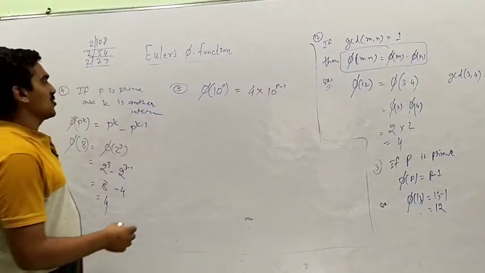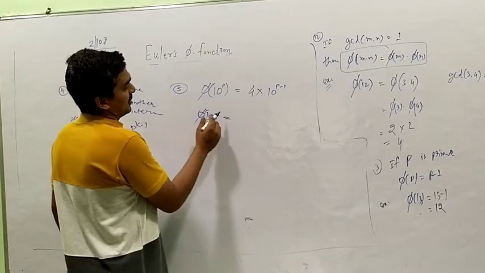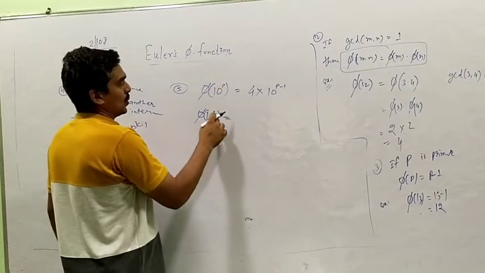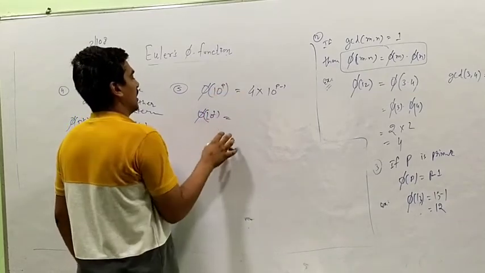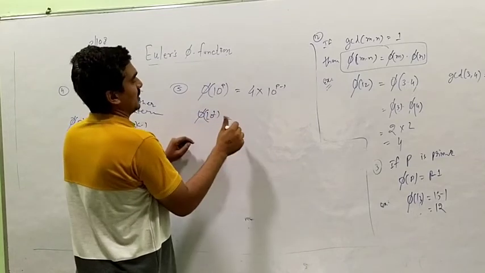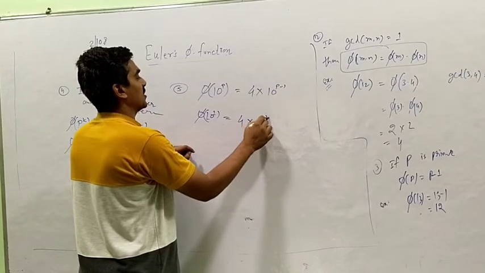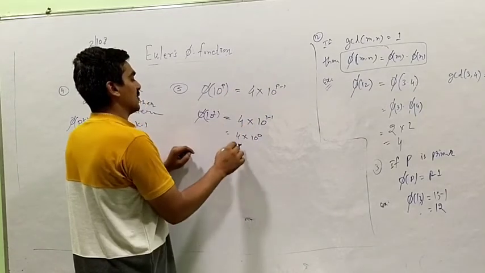Suppose we have to find phi 10, then 10 is to the power 1, so phi of 10 to the power 1 is 4 into 10 to the power 1 minus 1, that is 10 to the power 0 which is 1, so 4.